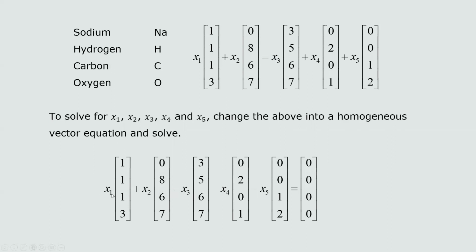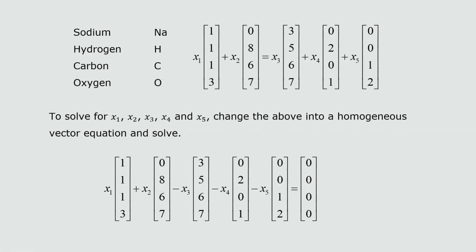So I end up with x1 times the x1 vector plus x2 times the x2 vector minus x3 times its vector minus x4 times its vector minus x5 times its vector. And then all of that equals the 0 vector. So I moved the right side over by subtracting.